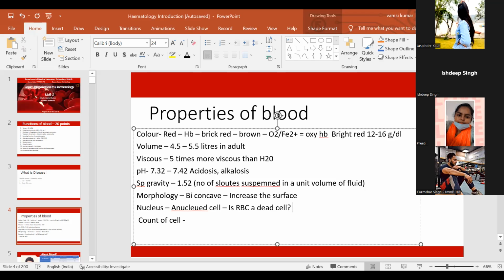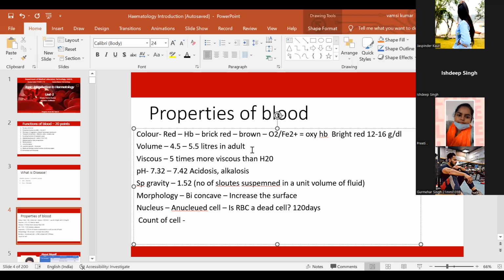In their development, they do have the nucleus, but once they are released from the bone marrow into the circulation, they lose their nucleus. In this state they can only live for 120 days. In the absence of a nucleus, they can only stay a few days in the circulation. That is why the red blood cell lifespan is very short, only 120 days.